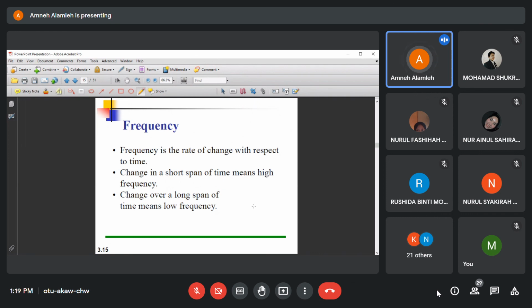First, we read this slide. Frequency is the rate of change with respect to the time. Change in a short span of time means high frequency, and change over a long span of time means low frequency.